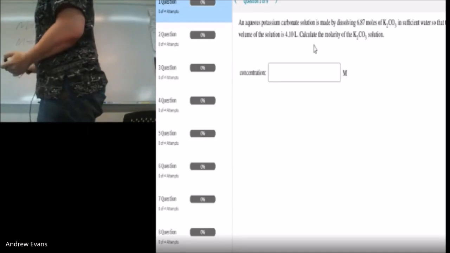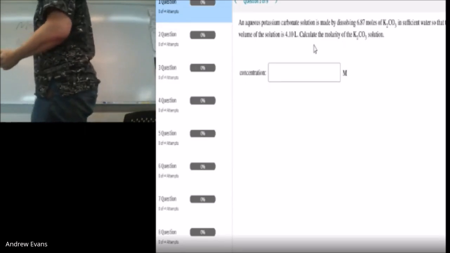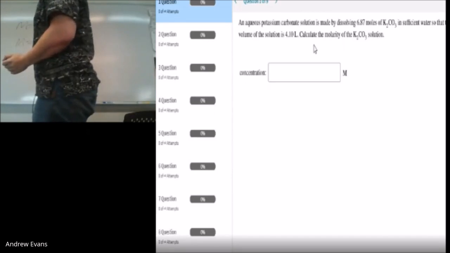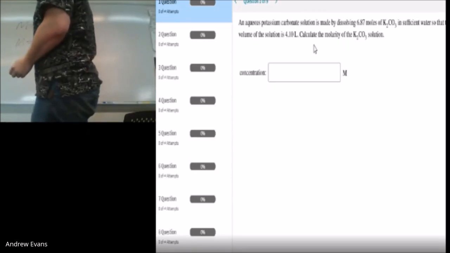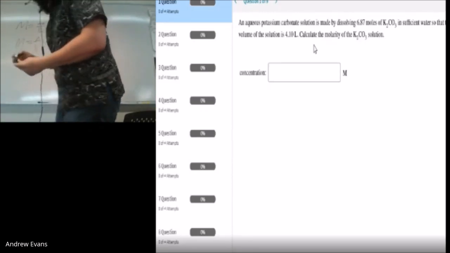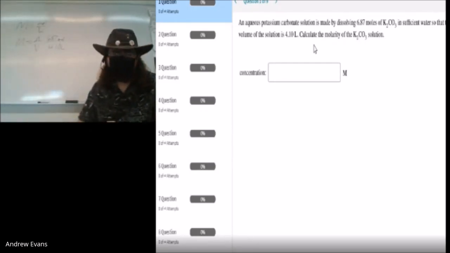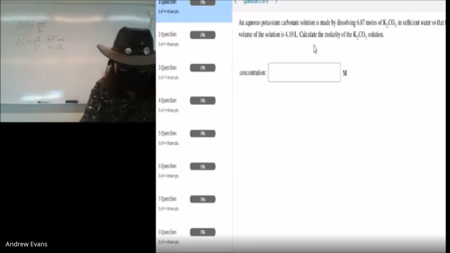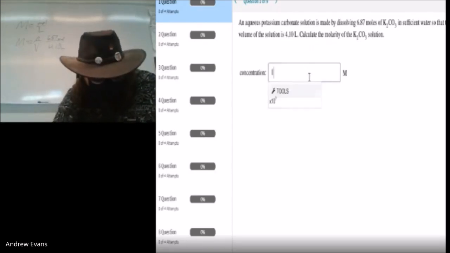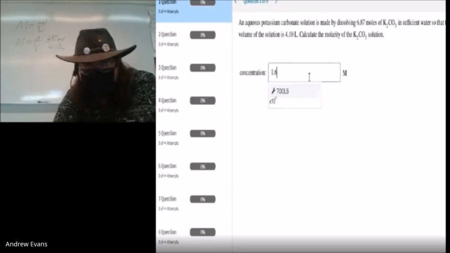So this first one is literally setting up 6.87 moles divided by 4.1 liters. Moles per liter would give us our molarity. Your numbers, as I said, may not be 6.87, may not be 4.1, but it should be something pretty similar. I get a molarity of 1.68.